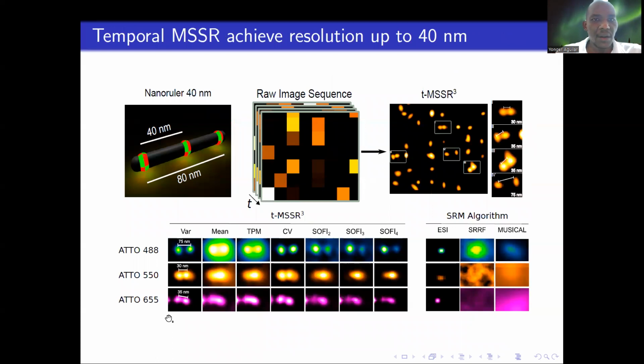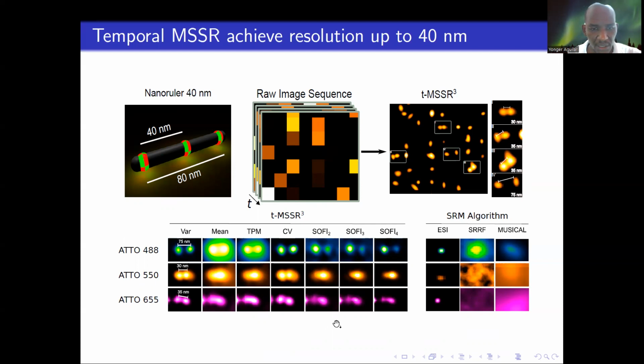And we can see here the result of MEASURE, which can achieve a resolution of 240 nanometers. In this case, we use nano rulers separated by 40 nanometers. You can see here an example of an image sequence and the result of MEASURE.